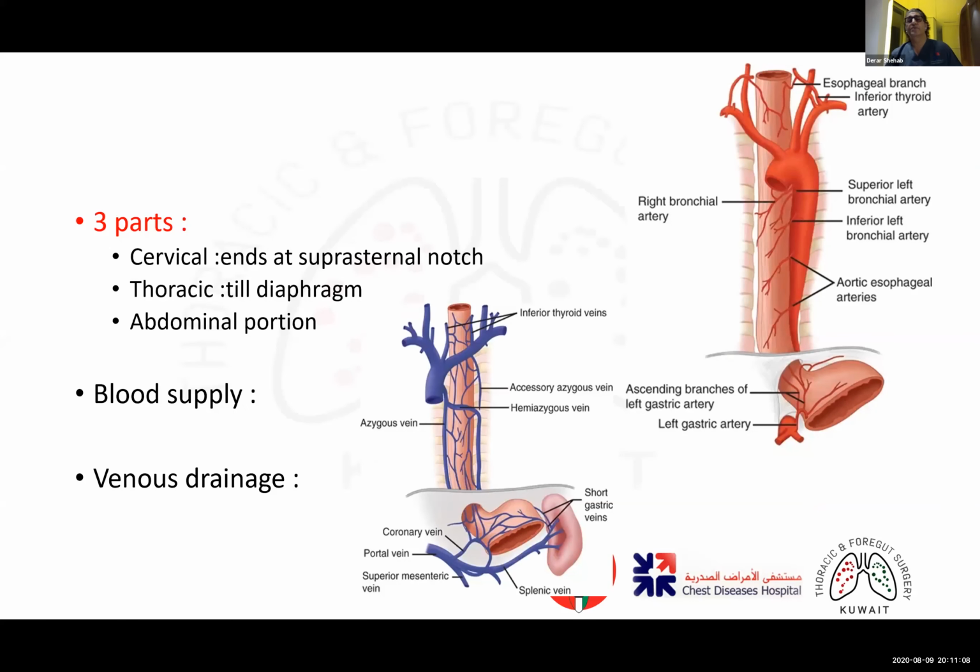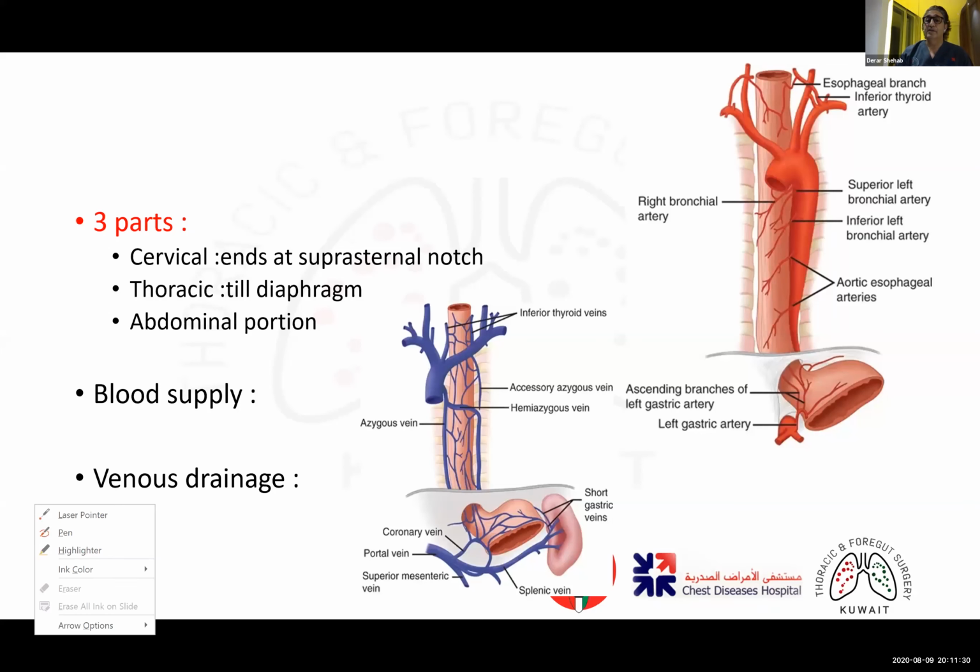As I said, there are three parts: the cervical part, the thoracic part, and the abdominal part. The blood supply in the neck is derived from the inferior thyroid artery, whereas in the chest, it comes from either the bronchial arteries or directly from the aorta.